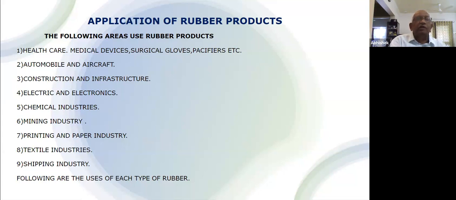So in areas like healthcare, I'll just run through: automobile and aircraft, construction industry, infrastructure, electrical, electronic, chemical industries, mining industries, printing, paper industry, textile industry, shipping industry, and various other uses of each type of rubber.